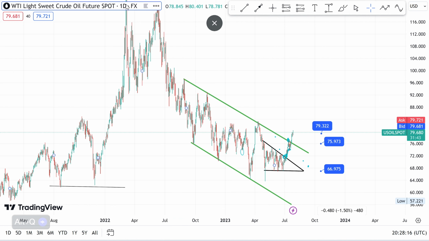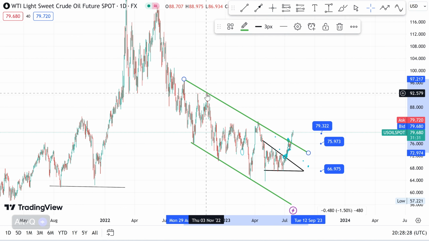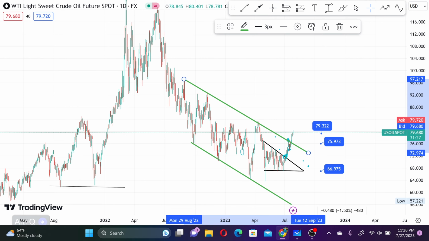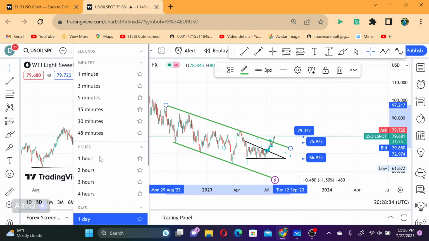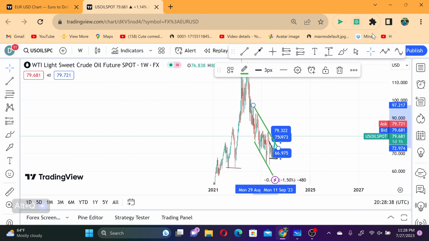This is a 1-day time frame. Let me go to a lower time frame over here. The 1-day time frame is actually good even for now, it's not bad, but let's go even to 1 week. Okay, let's go to 1 week.